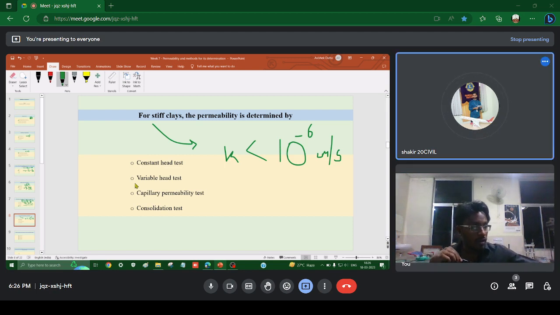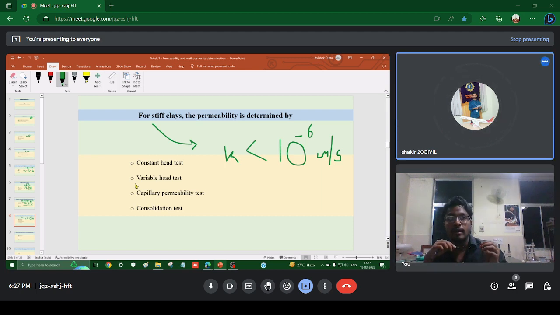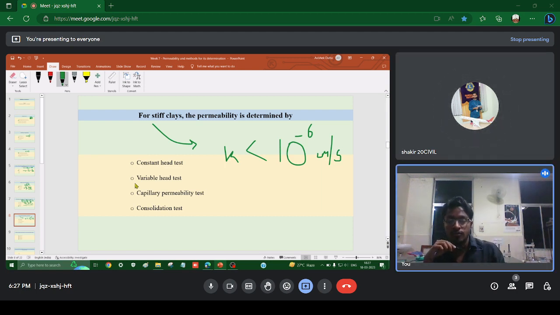If the question says only clay, then you can go for the consolidation test because clay has very low permeability. Clay is a kind of soil which has high porosity but very low permeability. The question will not be there to confuse you.